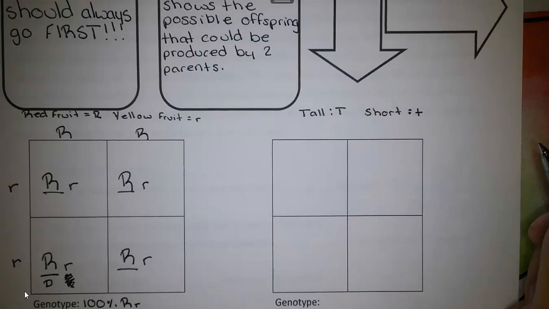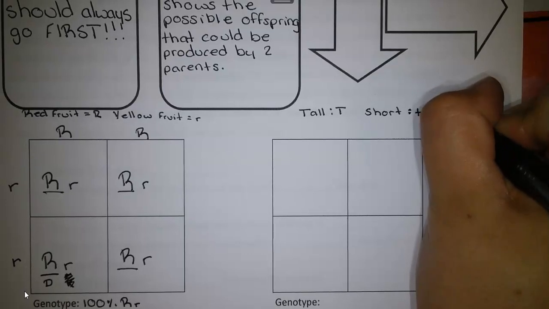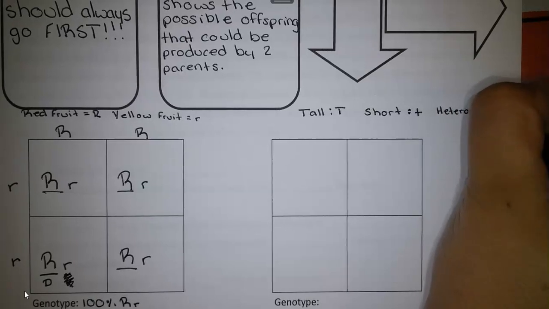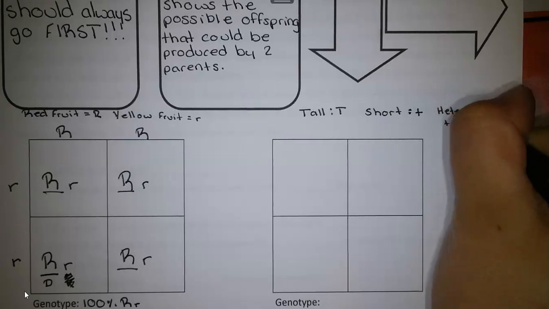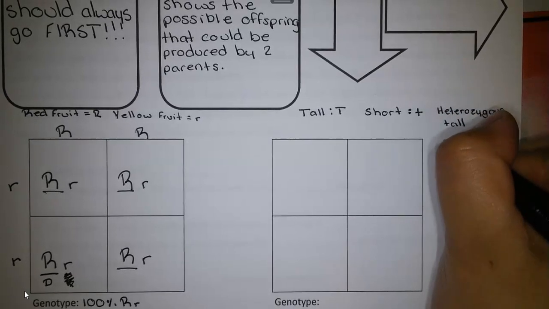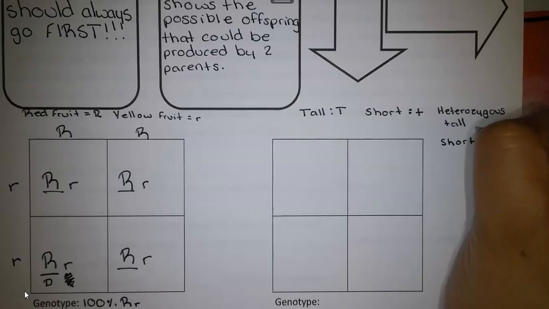And they're telling me that they were crossed with a heterozygous tall parent, and it was crossed with a short one. So these two were crossed.